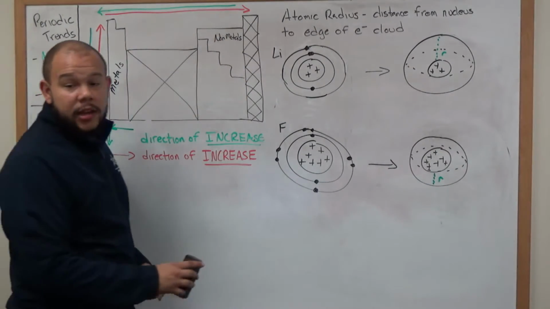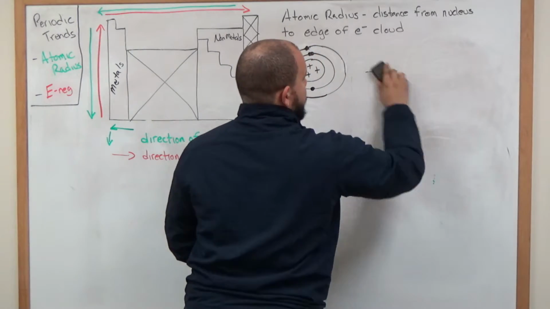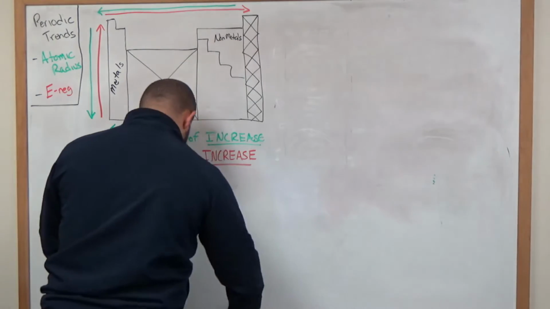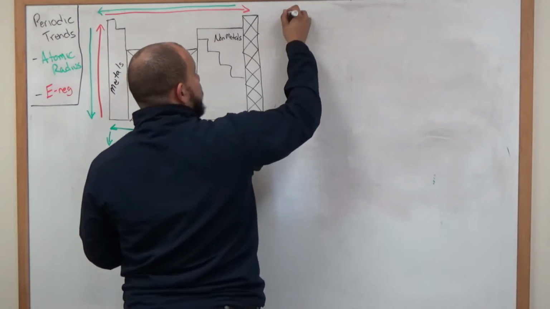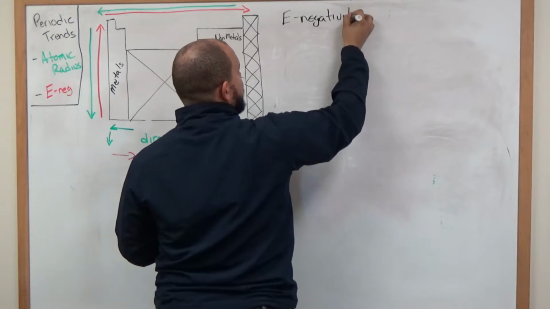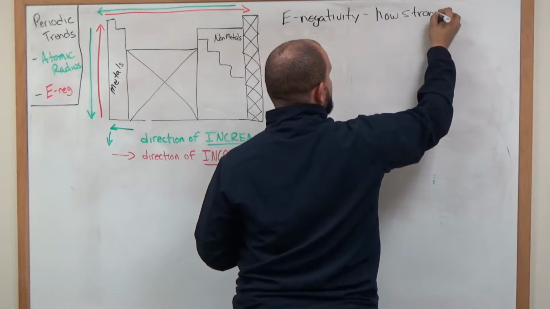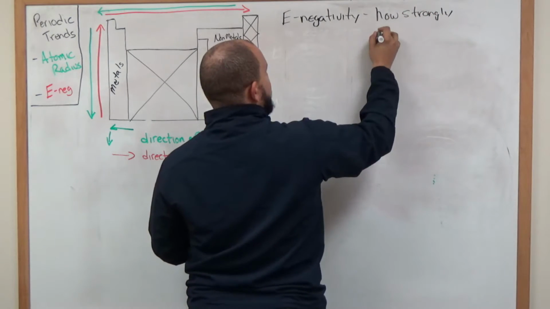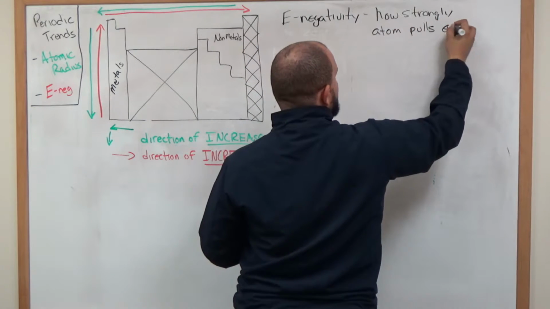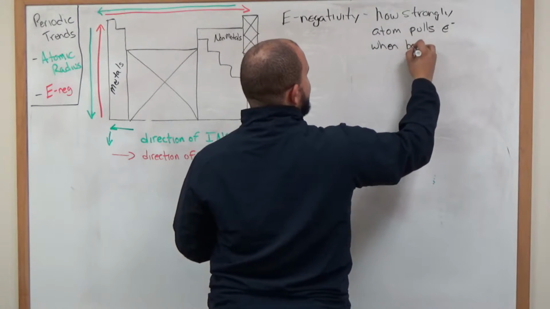All right, let's take a look at electronegativity. So electronegativity is how strongly an atom pulls electrons when bonded.